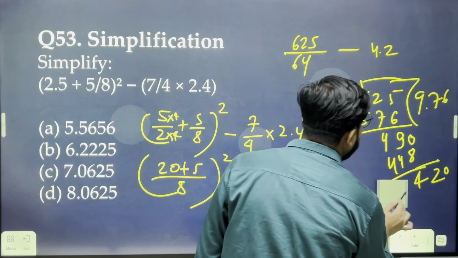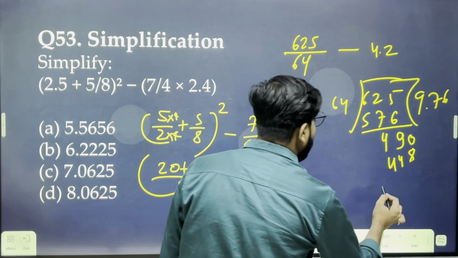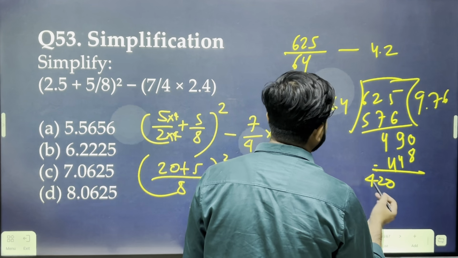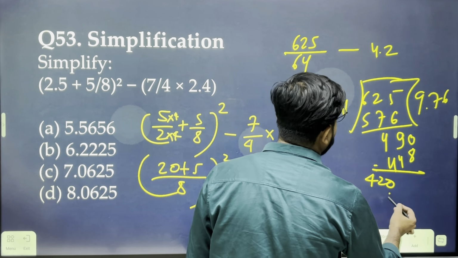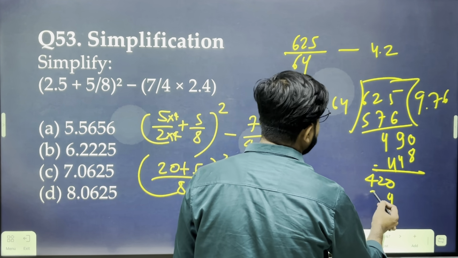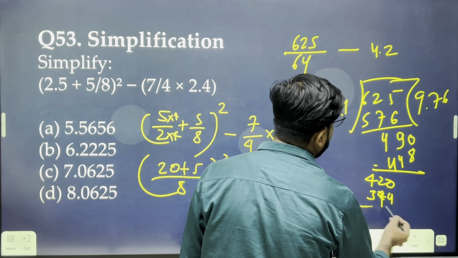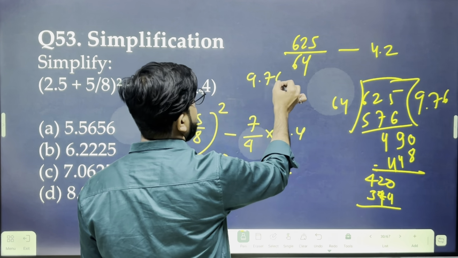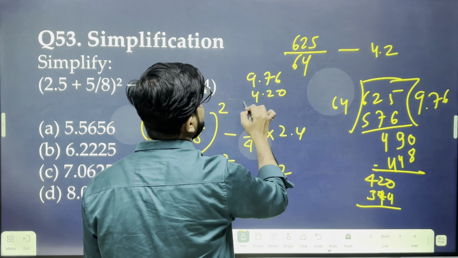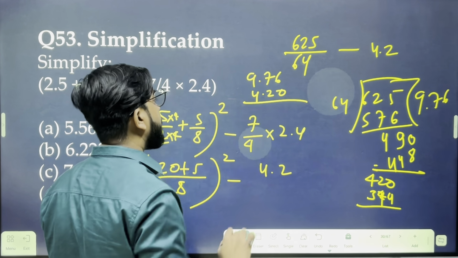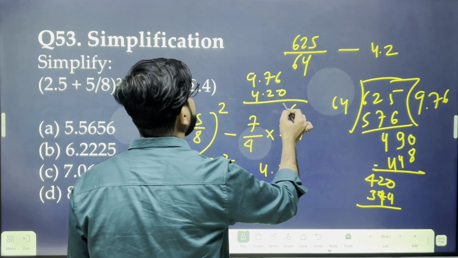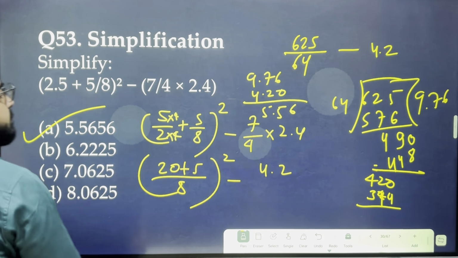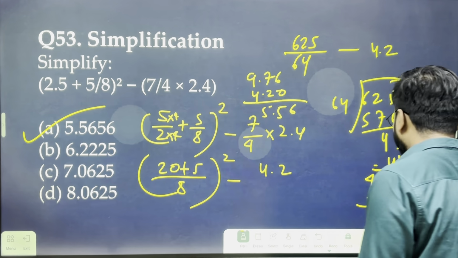So I'm writing here 420. 6 times 24, 2 carry, 36 plus 2, 34. So that becomes 9.76 minus 4.2 something, so that becomes 5.56, option number A. Next question.